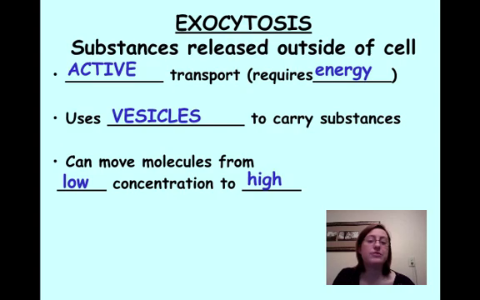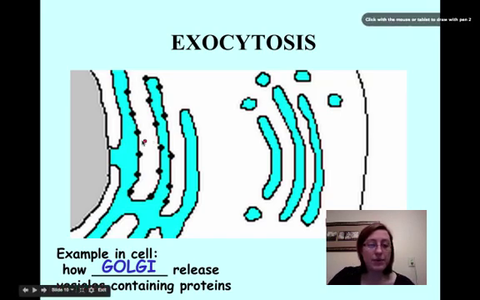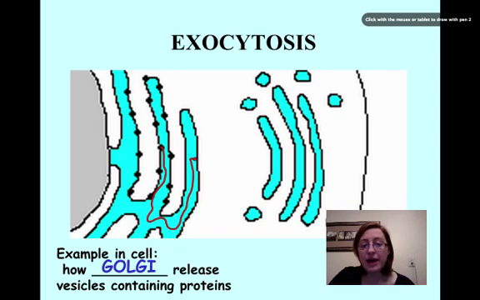Exocytosis is also active transport requiring energy, using vesicles, and is going to move from a low to a high concentration. An example of exocytosis we've already talked about in protein synthesis. So what's going to happen? Our protein is going to be made here, right? Let's say, and it's going to travel through the ER. And then how does it get from the ER to the Golgi?